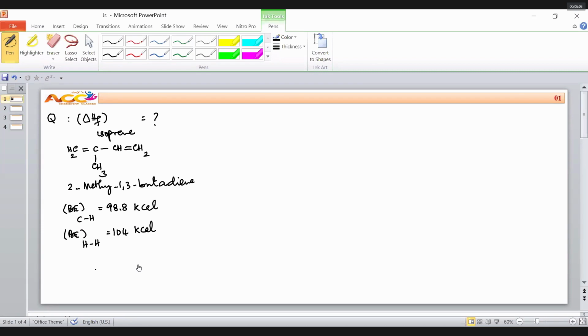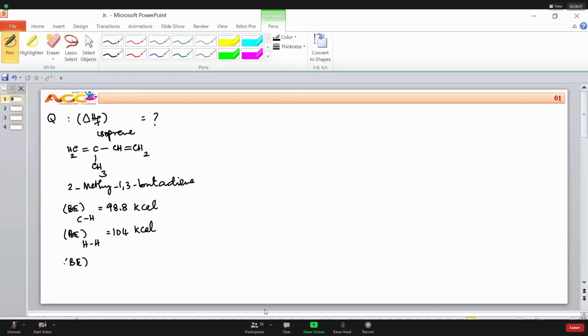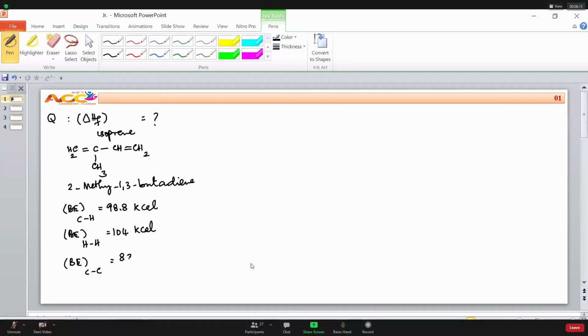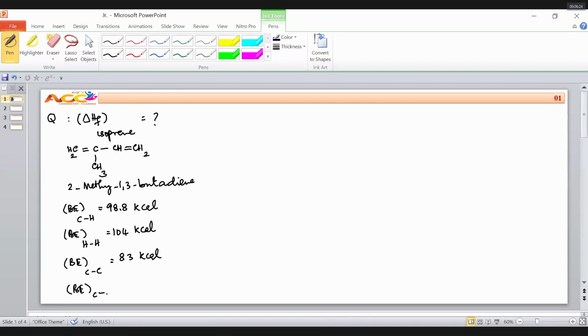Bond energy of C single bond C is equal to 83 kilocalories per mole. Bond energy of C double bond C is 147 kilocalories.